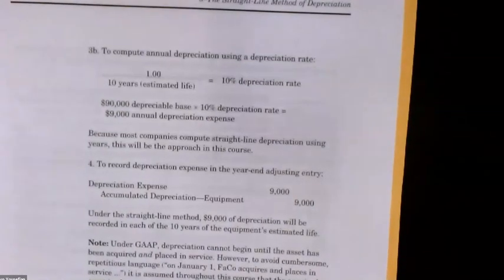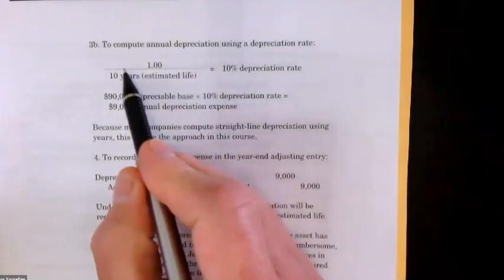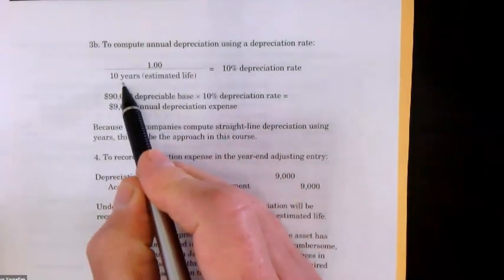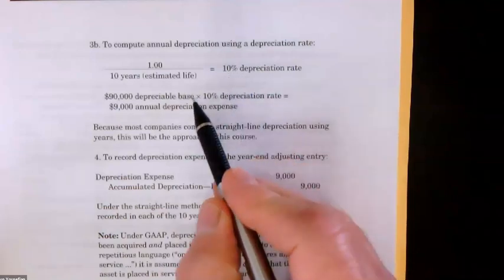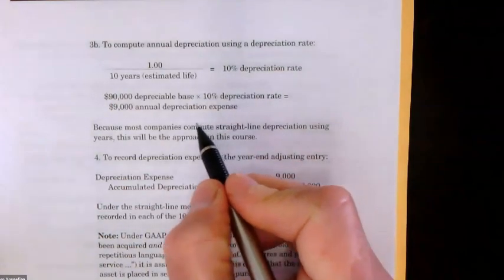And if you'd like to use the 100% method that I said to calculate the depreciation rate, 100% divided by 10 years gives you 10%. 10% times the depreciable base of $90,000 gives you annual depreciation.